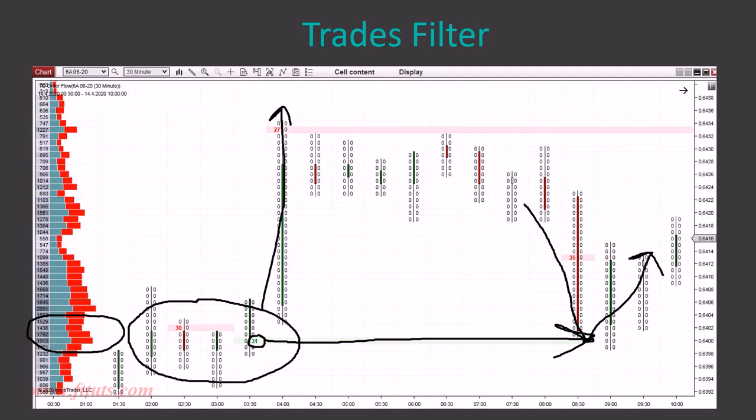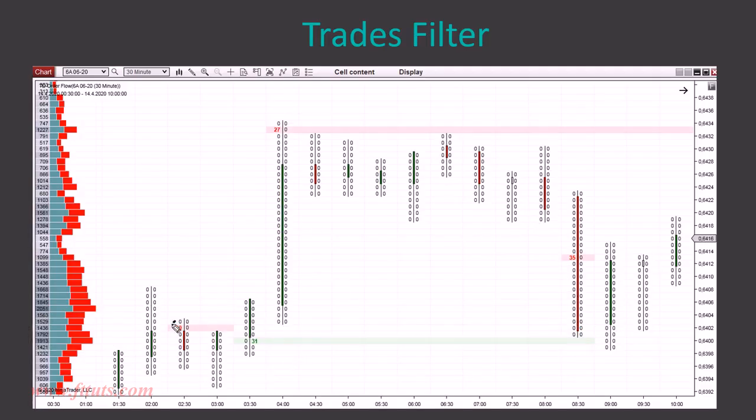Now you can also notice this 30 contracts on the bid side, and I would say that this was most likely a limit order to enter a buy. So this was probably a limit buying order, and this was a market buying order, alright?